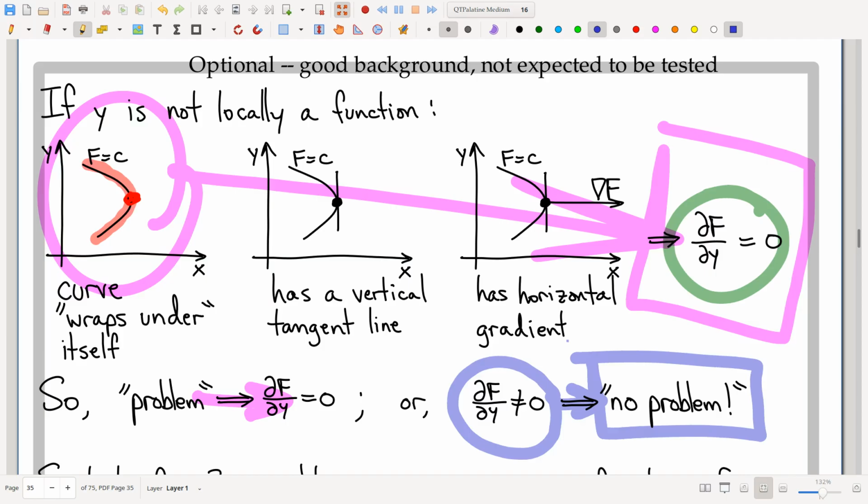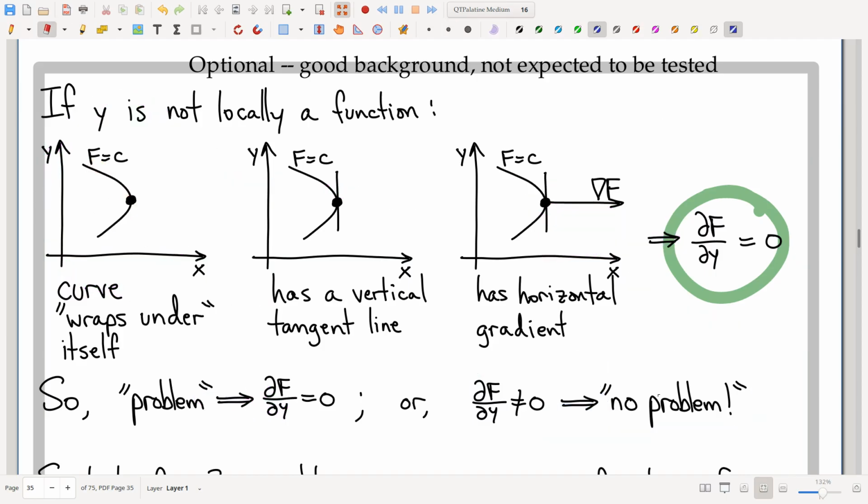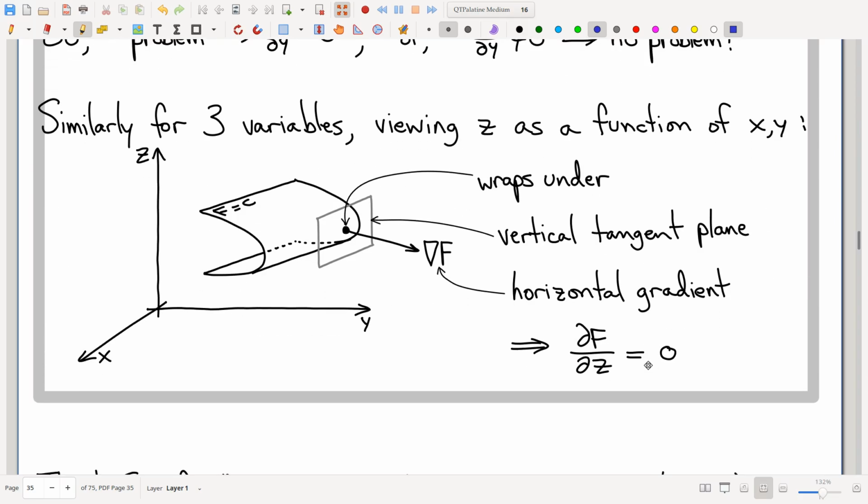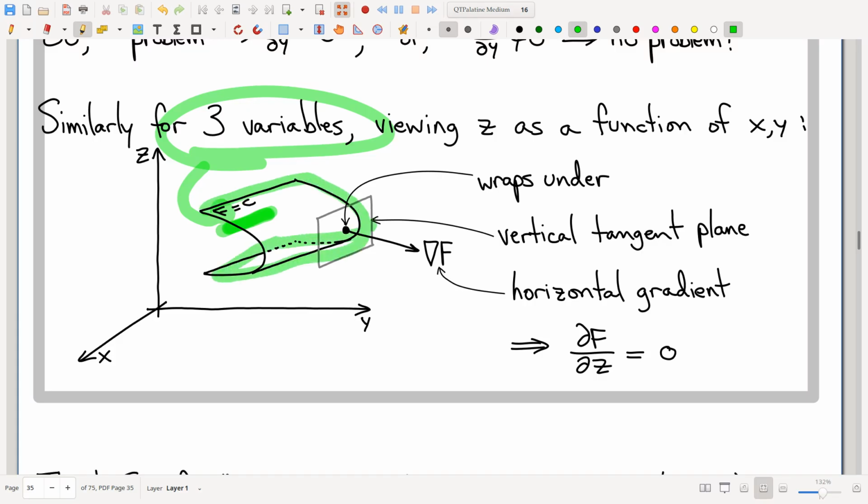Okay. All right, let's see a three-dimensional version of this. It's actually very, very similar. If you have 3 variables in your equation, specifically, if f is a function of 3 variables, and again, don't forget, we're looking at level sets. That level set is a surface, something like that.